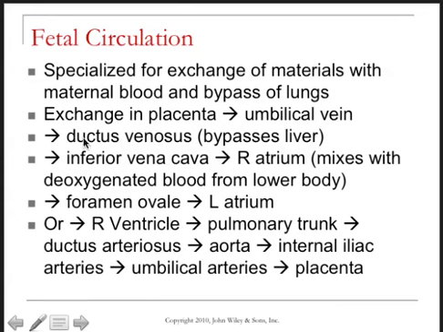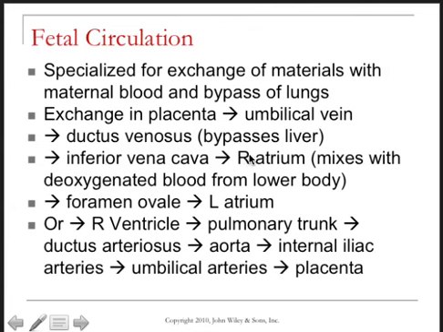On the way back, what happens here is that this oxygenated, nutrient-rich blood enters a special vessel called the ductus venosus, which runs on the underside of the liver and jacks directly into the inferior vena cava.